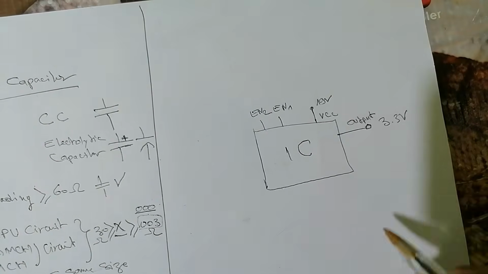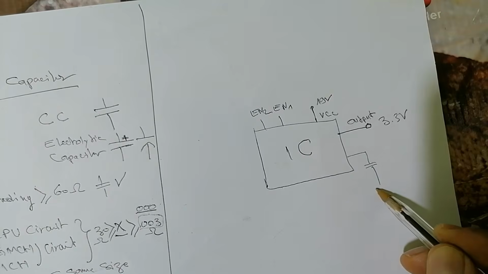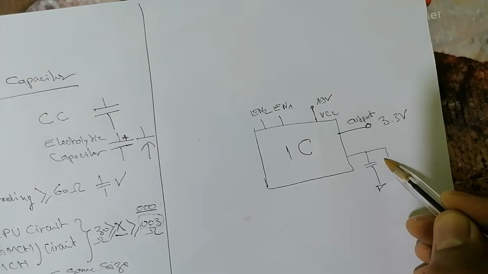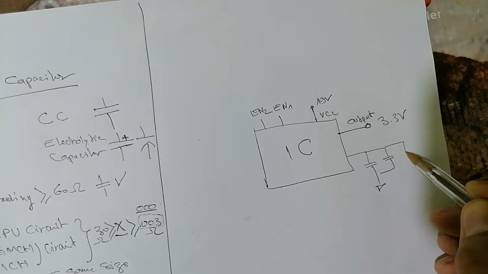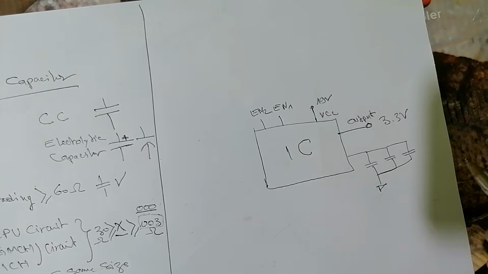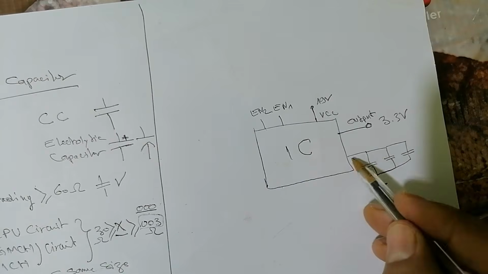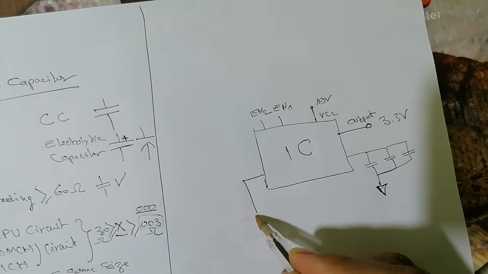Then you will find some ceramic capacitors that are connected to the ground. All ceramic capacitors near integrated circuits are connected to the ground on one side and to the IC on the other side, and of course the IC also is connected to the ground.